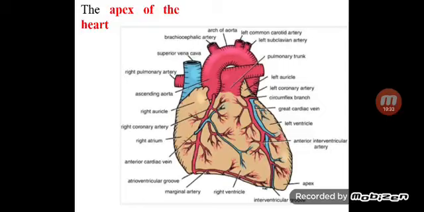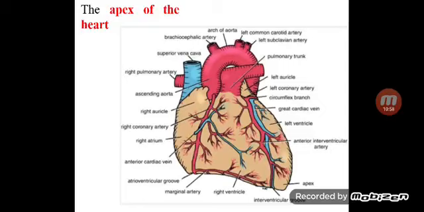The apex of the heart is directed, and this is clinically very important, downward, forward, and to the left. It lies at the level of the 5th intercostal space, 9 centimeters from the midline.